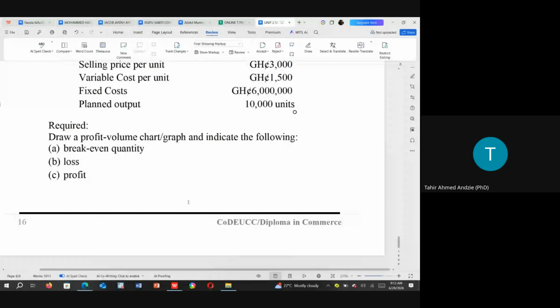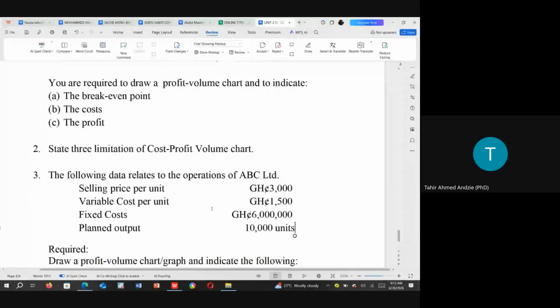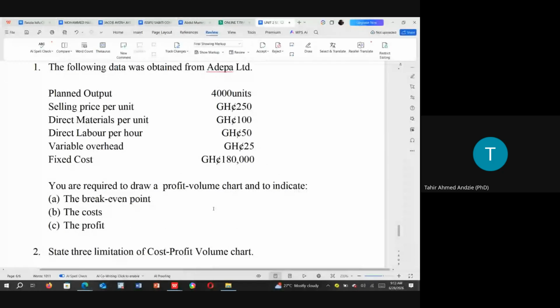All right. Then, the profit volume chart, have you understood it? Yes, sir. That's very good. Take note of what I told you about the variable cost. Here, we are talking of direct material cost, direct labor cost, direct variable production overheads. They should be put together to give you the variable cost.